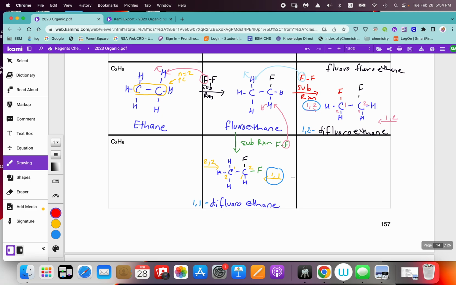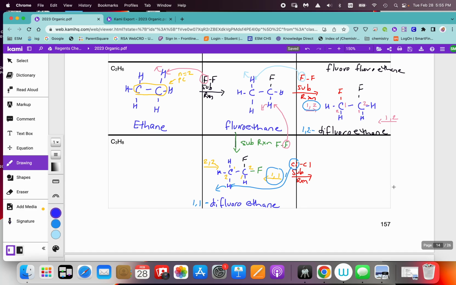So this time I'm going to do a substitution reaction and I am going to replace a hydrogen in this structure with a chlorine from a chlorine molecule. So here we go. One of these chlorines is going to come in and it is going to kick this hydrogen out.